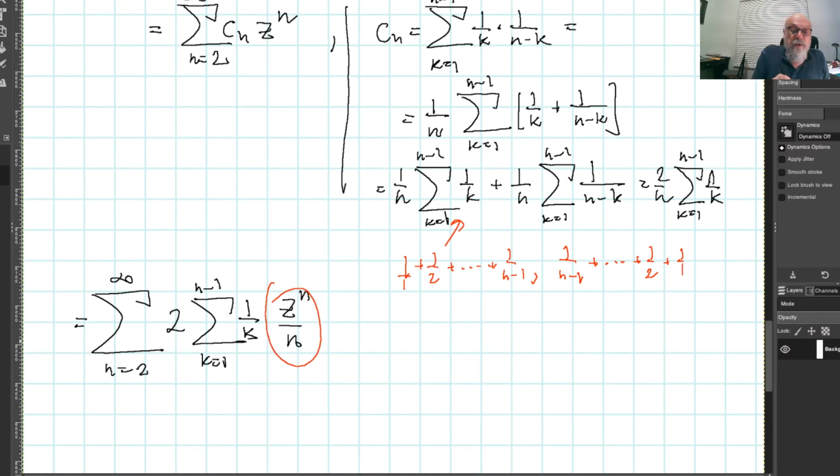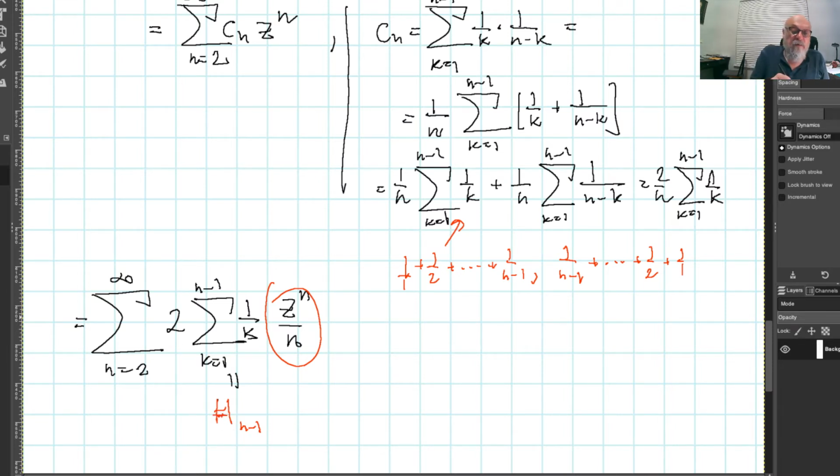Of course, I should mention the symbol here: this part of the harmonic series is also used in all kinds of places. They use this notation, capital H, they call it harmonic numbers. Since this is from 1 to n minus 1, that number is denoted by H, n minus 1.